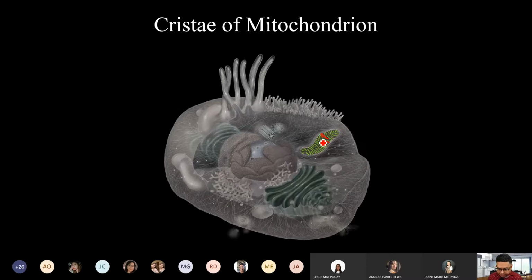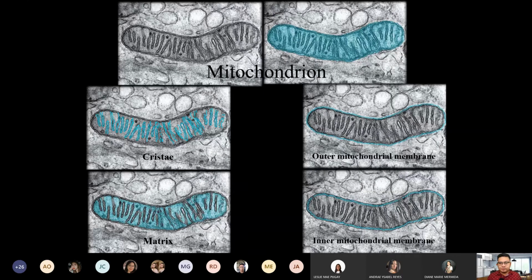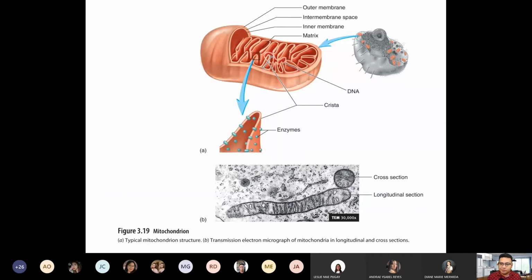Kumbaga siya may mga hati-hati sa loob para lang lumaki ang ating surface area. Okay? So other images of our mitochondria. Mitochondria, we have the cristae. Pag nakita niyo itong matrix, fluid matrix. The fluid matrix is, kumbaga, yung tubig sa loob ng mitochondria. Okay, same lang po.